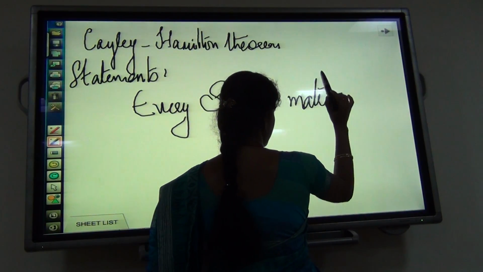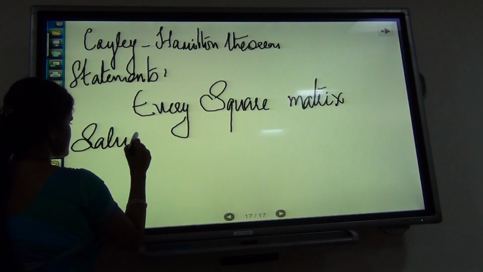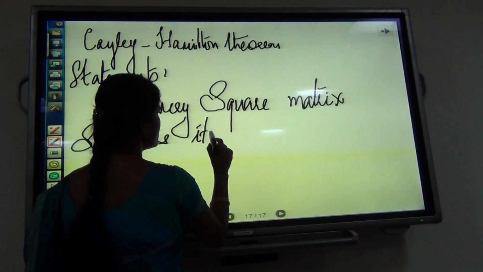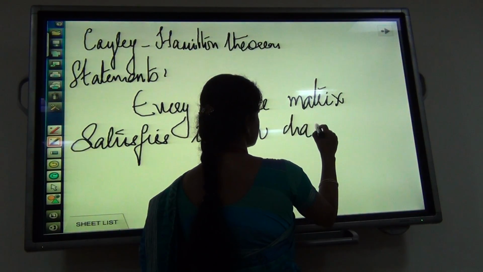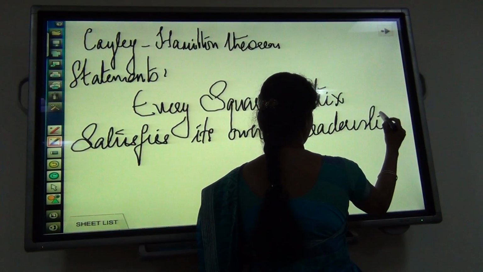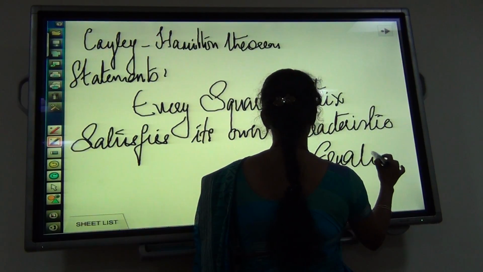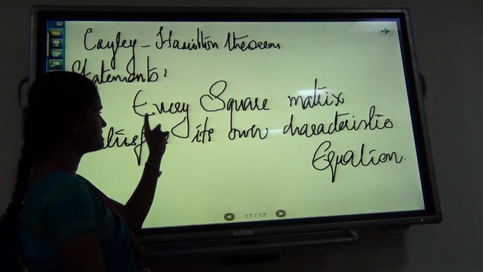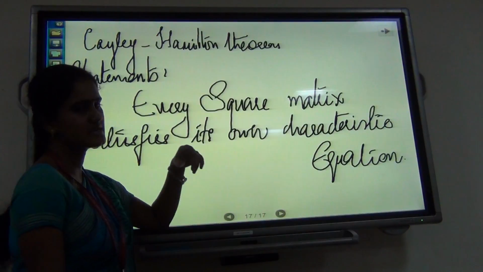Every square matrix satisfies its own characteristic equation. So it is about just two lines. Every square matrix satisfies its own characteristic equation.